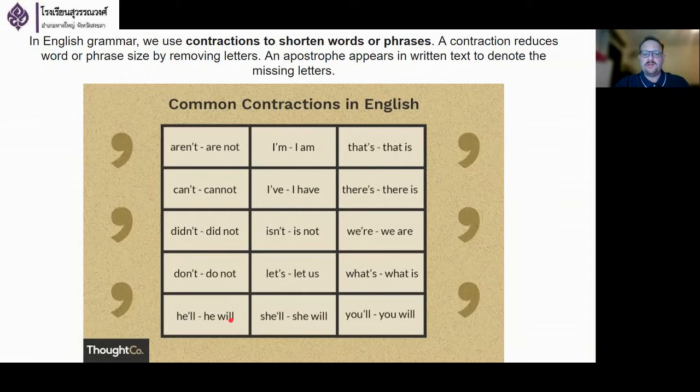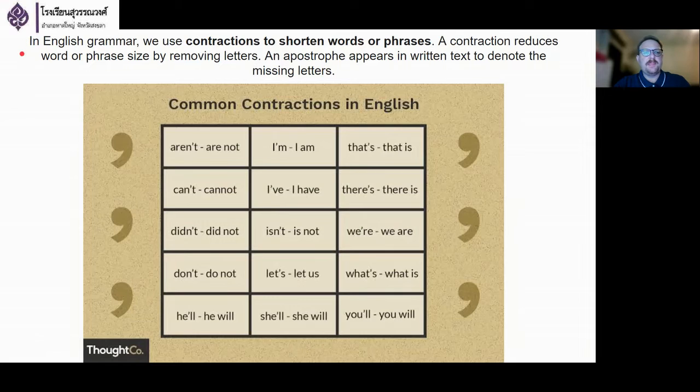He will is two words. The apostrophe made it one word, a contraction, one word. He will, two words. He'll, H-E apostrophe L became the contraction, one word.